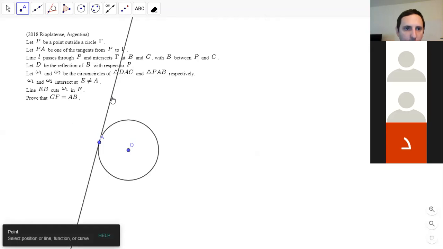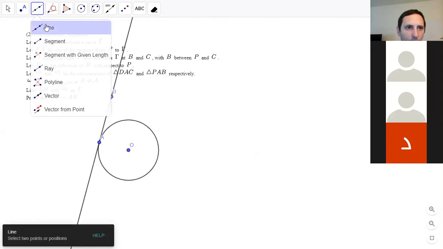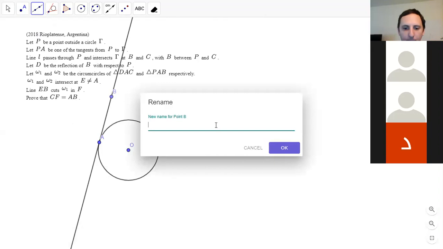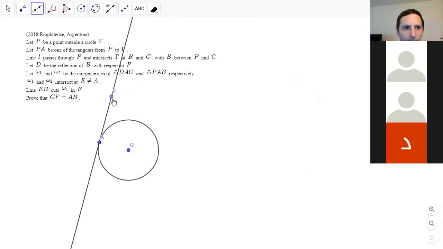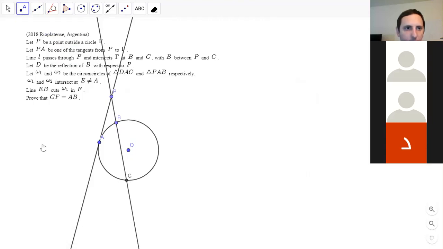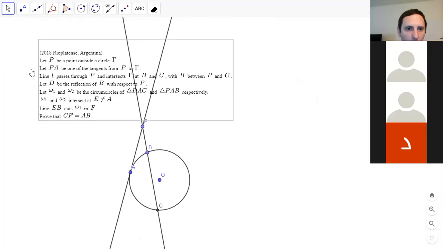So PA is tangent, and another line passes through, oh, whoops, let me rename it. So that's P, and this is B and this is C. I'm going to hide some stuff later. D is the reflection of B with respect to P.